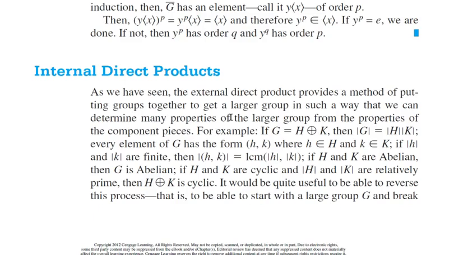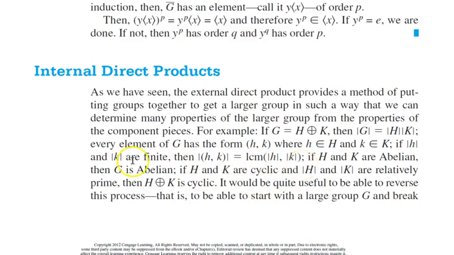Every element of G has the form of an ordered pair (h, k), where h is in the first group and k is in the second group. If the order of h and the order of k are finite, then the order of the pair (h, k) is the LCM of the order of h and the order of k.